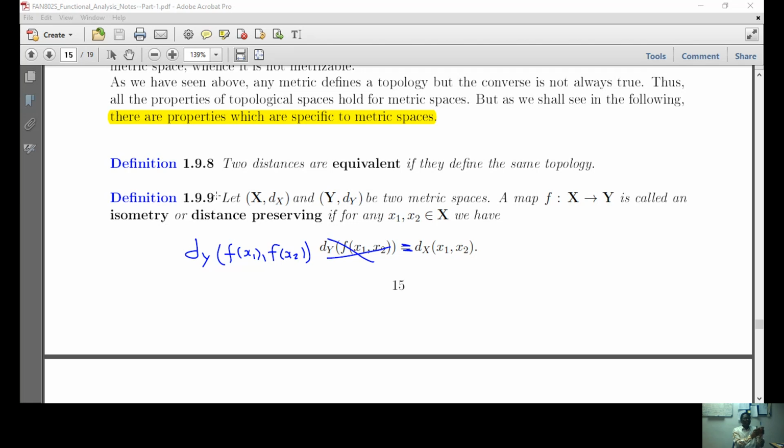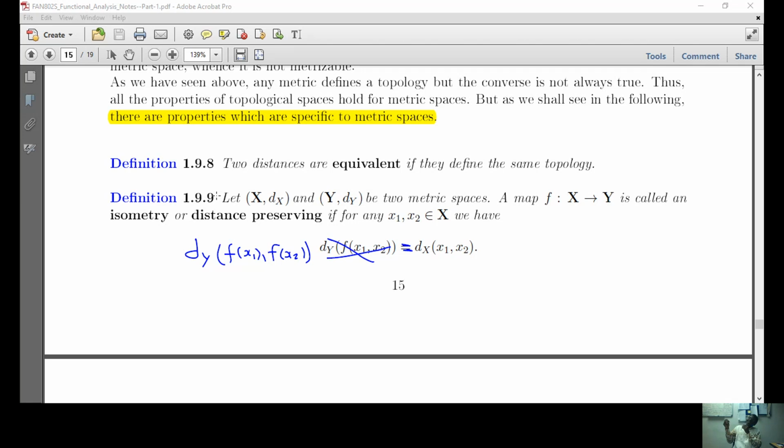Now, if I measure d_X(x1, x2), that is the distance from x1 to x2 in the first space. Now, if I take the images of x1 and x2 by f, I will call the images y1 and y2. Those are the images in Y.